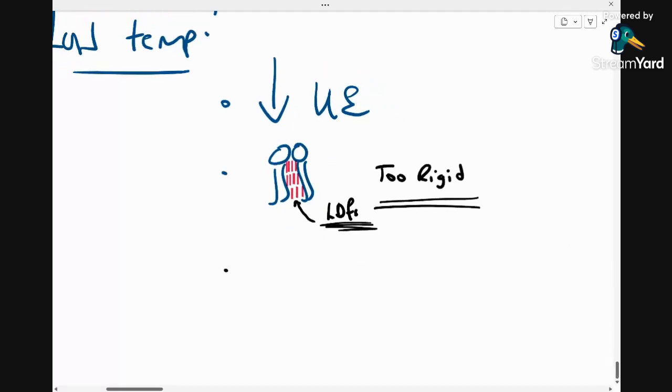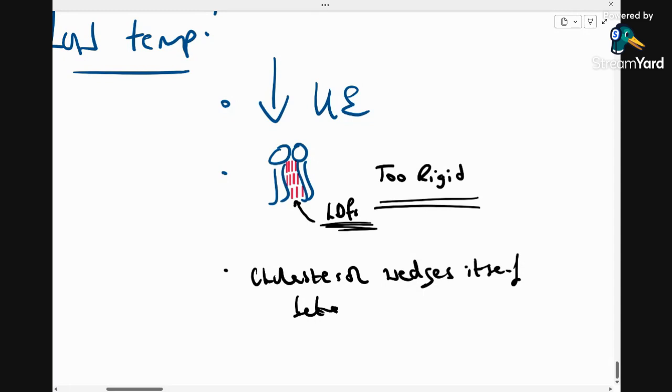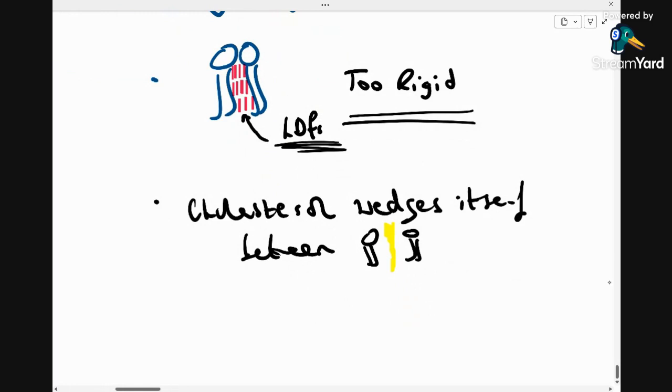So what cholesterol does is, again, it wedges itself between the phospholipids. So cholesterol in yellow here in the middle. And what that does is it physically separates the phospholipid tails.